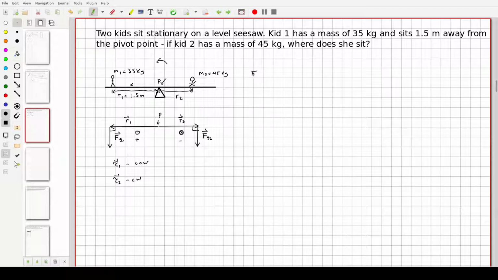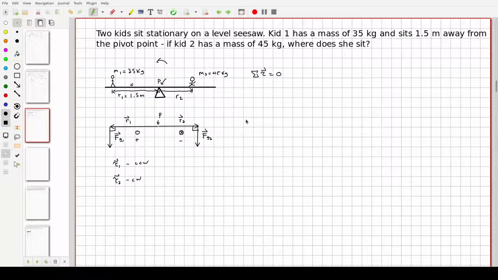If I add up the torques that I have here, I get 0 because it is stationary and is not experiencing any change in rotation. Forces cause changes in velocity. Okay? Torques cause changes in rotational velocity or rotational acceleration.